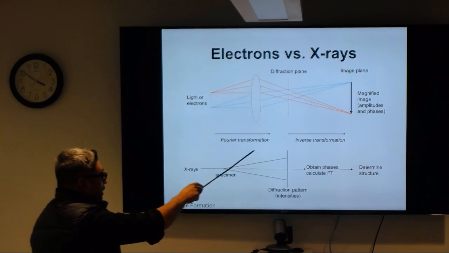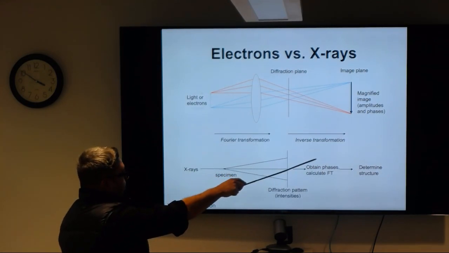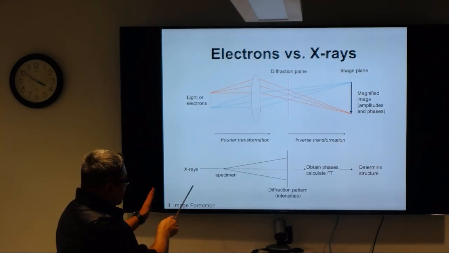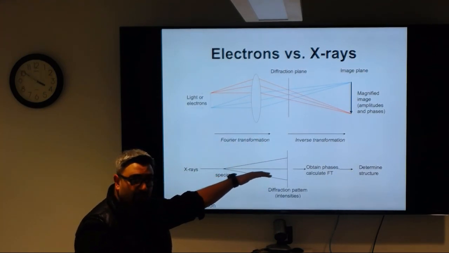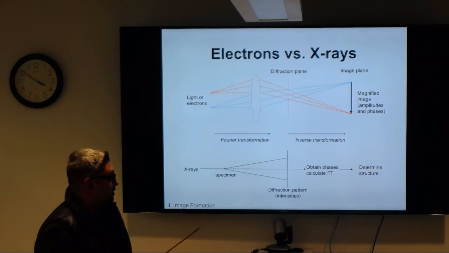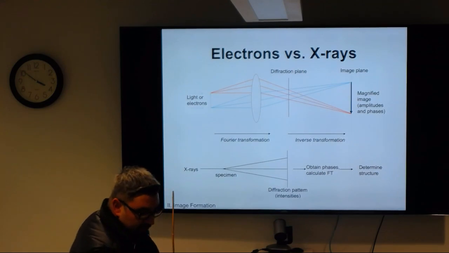You have your Fourier Transform, and then you have the inverse Fourier Transform. This is the back focal plane. You have your X-rays which hit the specimen, and you have this diffraction. Okay, we lose the phases, so we have to use other methods to obtain those phases in X-ray crystallography.